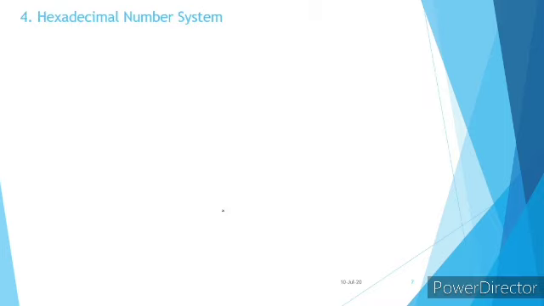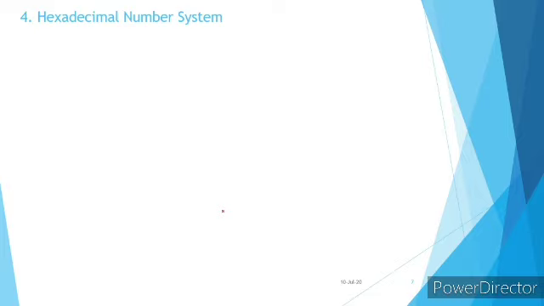Okay, now very important, hexadecimal numbers are very important because most of the time we will be dealing with these numbers. It's not only about digital systems here, but in computer architecture, mostly this hexadecimal number system is used because the base is 16.